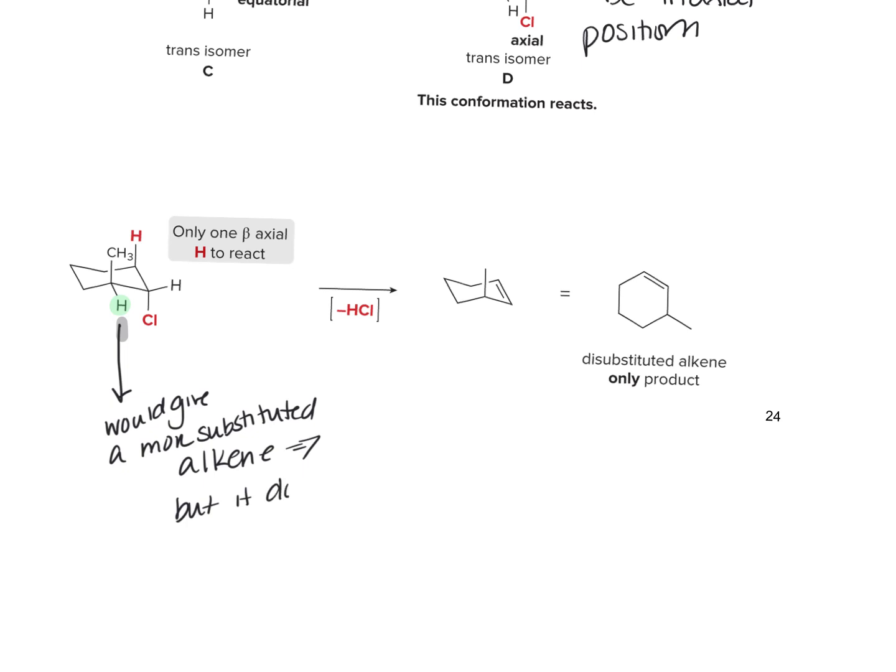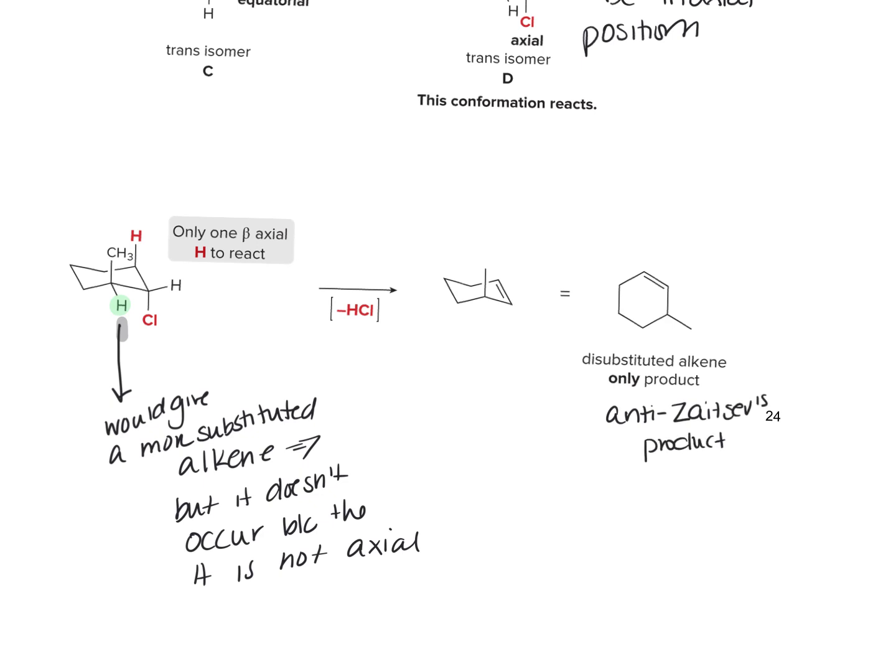But it doesn't occur because the hydrogen is not axial. And so because of that, we get the anti-Zaitsev product here. And an anti-Zaitsev product just means that it's one that doesn't follow Zaitsev's rule, where we get the di-substituted alkene instead of an alkene with a double bond there. So if we were to remove that one, we would end up with an alkene that had a double bond there and would be tri-substituted. But because this isn't axial, that doesn't occur.